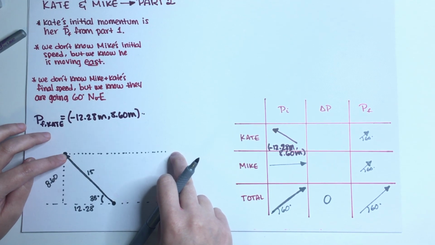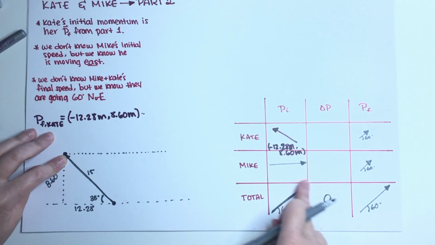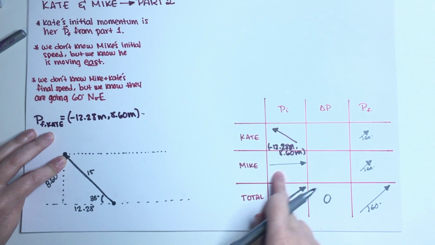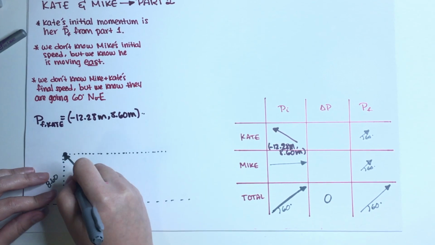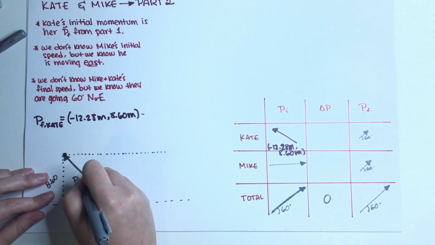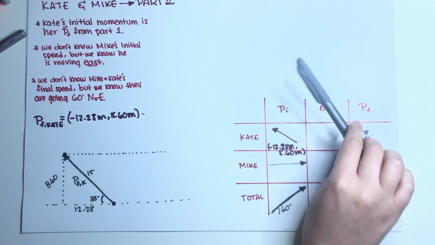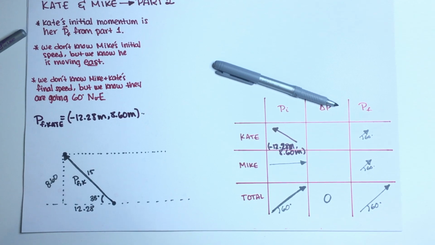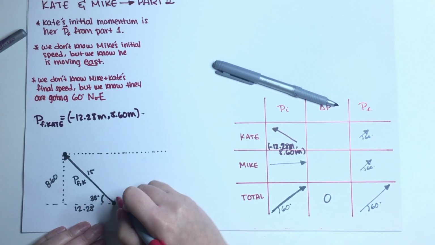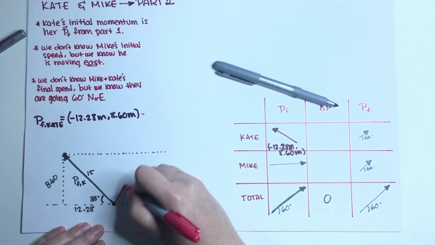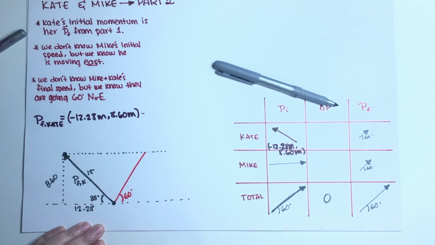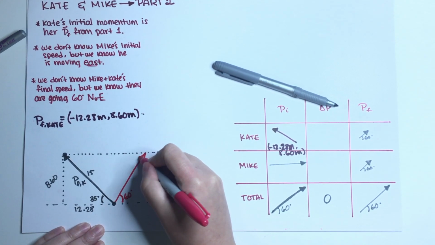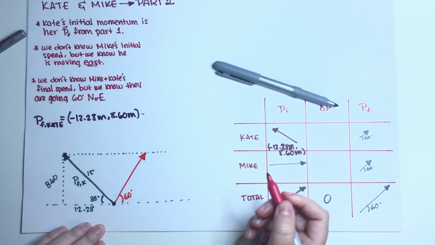Well, we know that the final momentum, which is the addition of Mike plus Kate, has to be equal. So let me just, this is Kate. So if I add Kate plus Mike, I need to get 60 degrees. So I need to get something that has 60 degrees over here, as you can see.